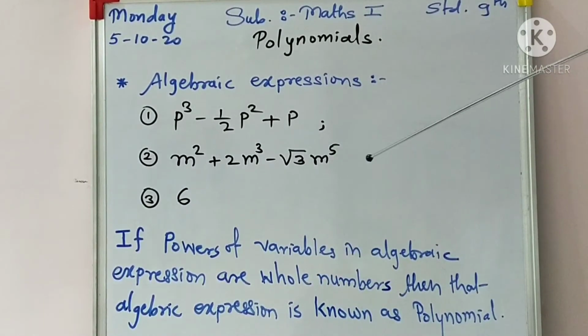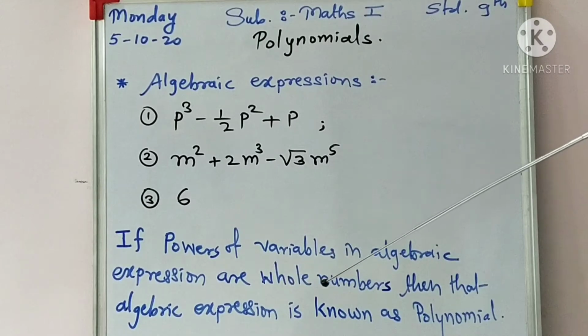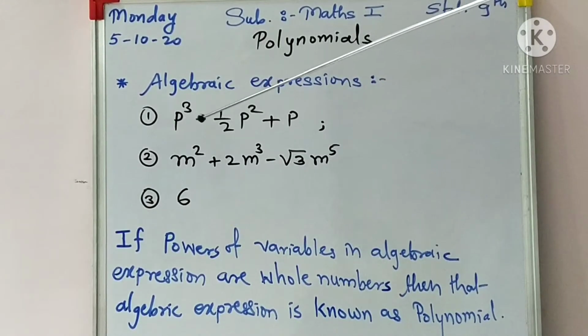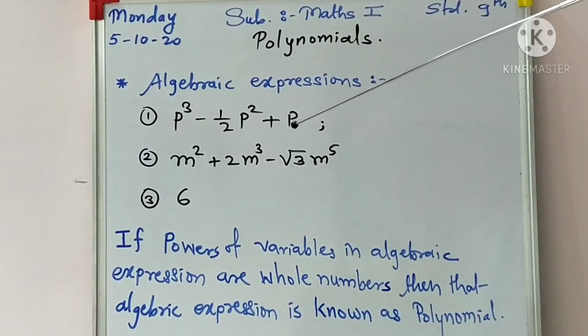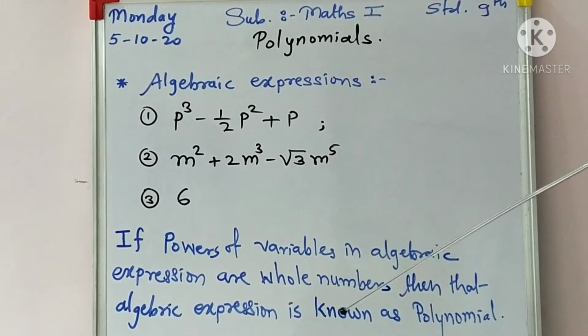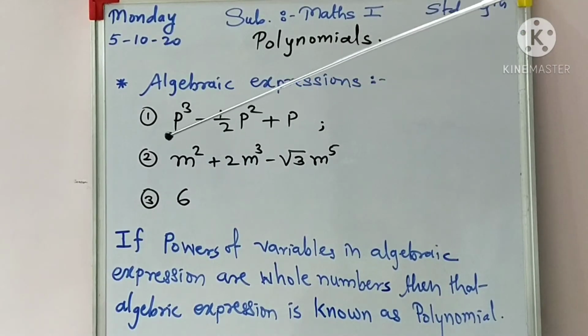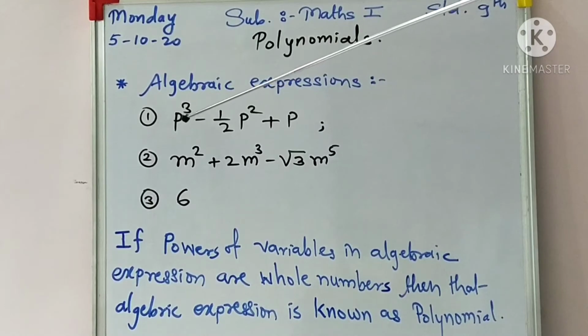Means from 0, 1, 2, 3 to infinity are the whole numbers. And if the power of each variable term is a whole number, then that expression is known as a polynomial.